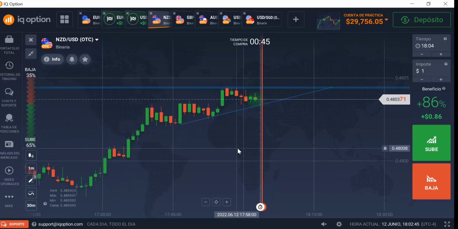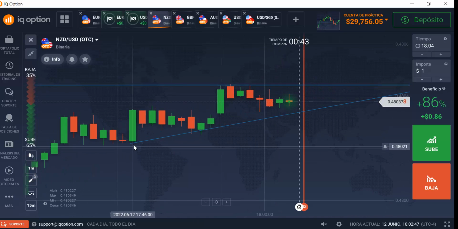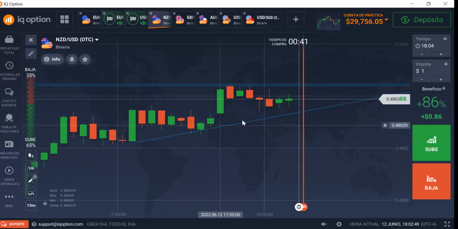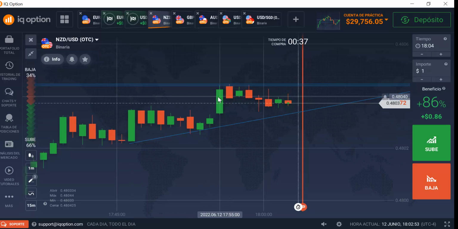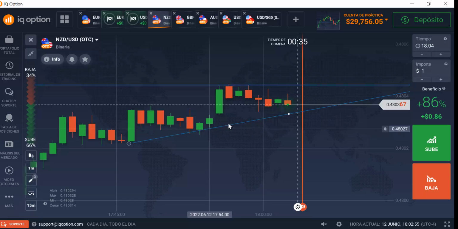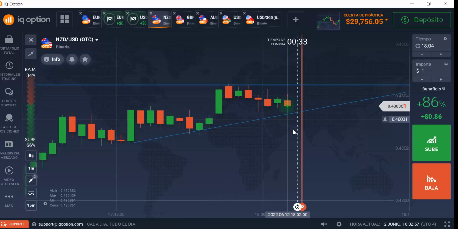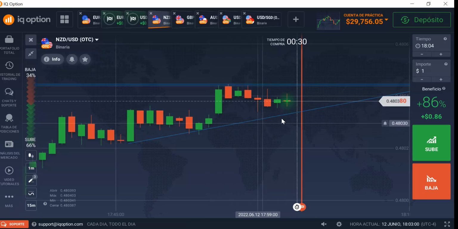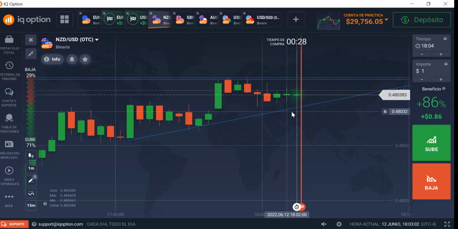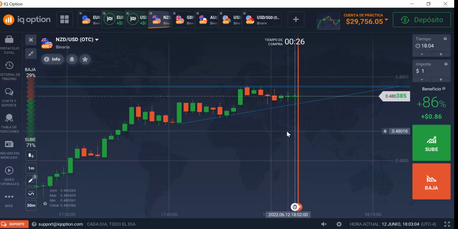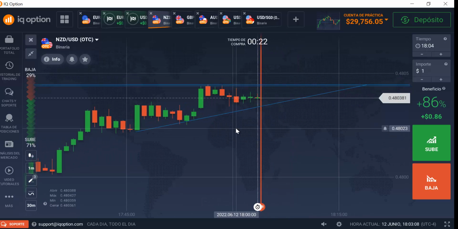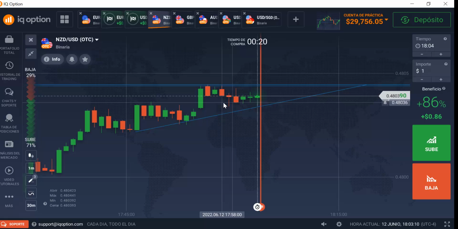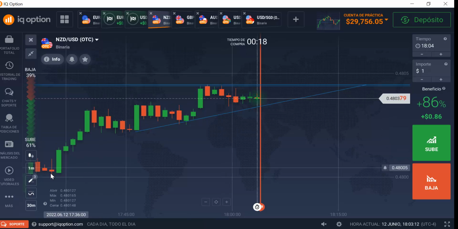Also, something important that I see here is that this is a very strong buyer's area, because here we have a strong candle and here we have a momentum. So if the market gets to this area and gives me a green candle here like a hammer, I would take a higher option. So I have to wait for the market to do what it's going to do.